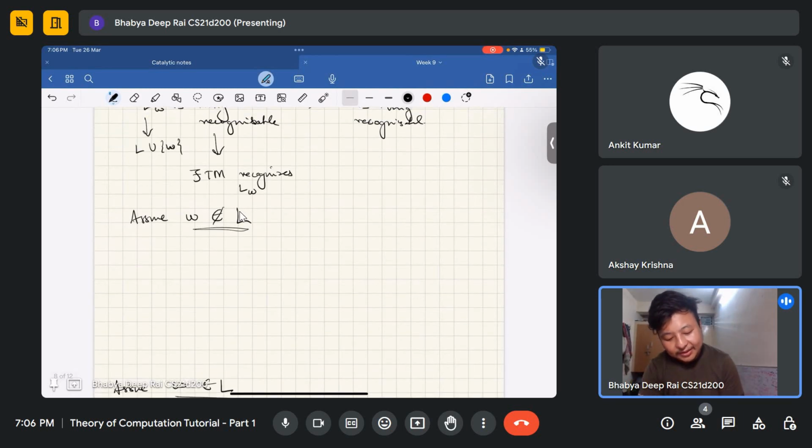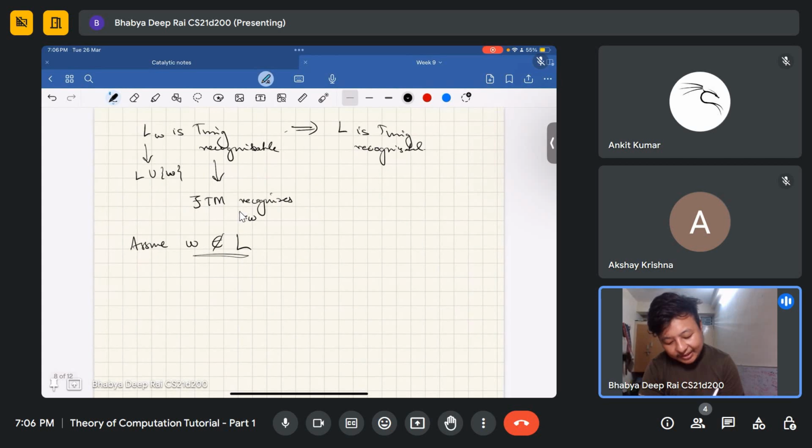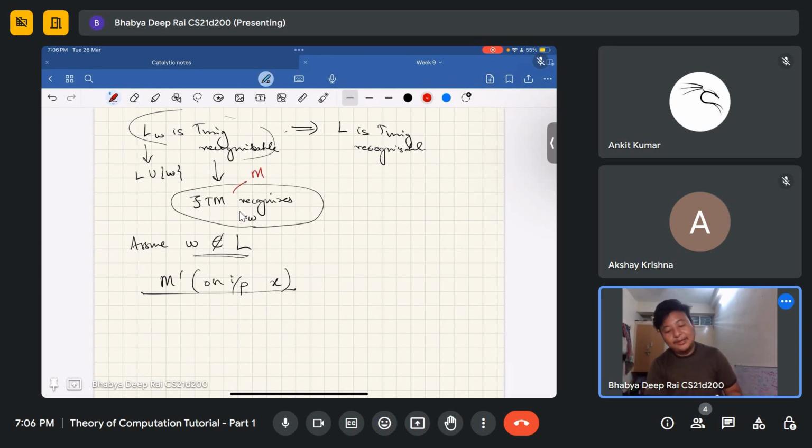So here's how we make a Turing machine M prime for L. M prime on input X, sorry. Since LW is Turing recognizable, let's say the machine that recognizes LW is called M. M is a Turing machine that recognizes LW.